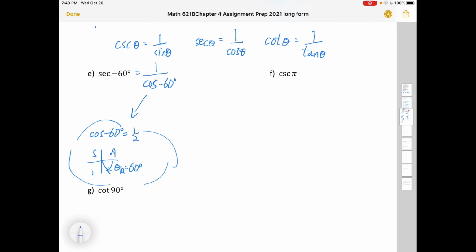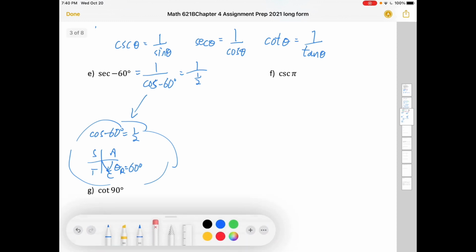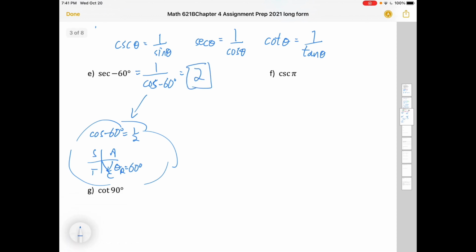I can also figure out that cosine is positive in this quadrant. Now, that means that you can now rewrite this as 1 over a half. That's a horrible way of writing something. 1 over just means the reciprocal, and the reciprocal of a half is going to be 2. So you can just flip in the end. You find the cosine's a half, that means the secant is 2.